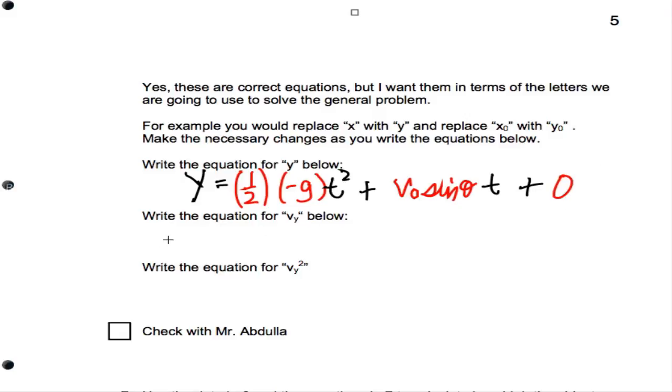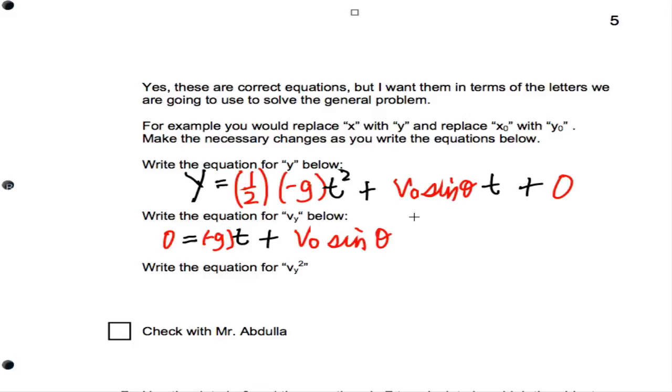And then for Vy, again, Vy at the top is 0 equals negative g times t. Said that a little bit backwards than I wrote it, that's fine. Plus my v naught y, which is going to be v naught sine theta.